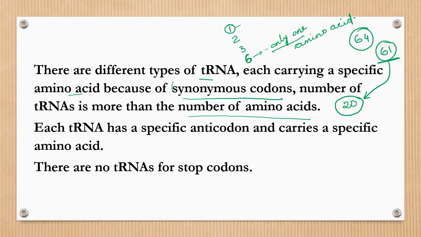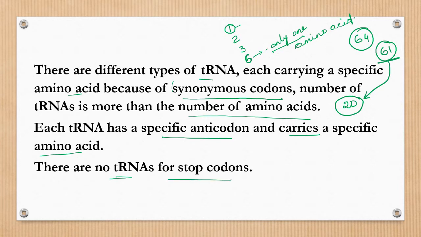Now, each tRNA has a specific anticodon and carries a specific amino acid. There is no tRNA for the stop codons.